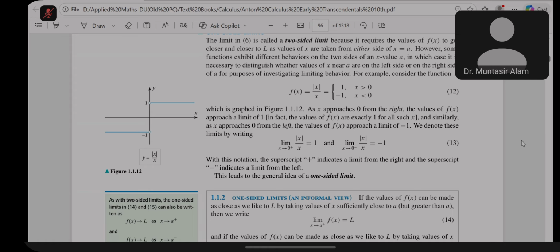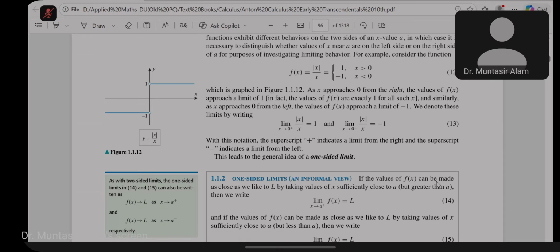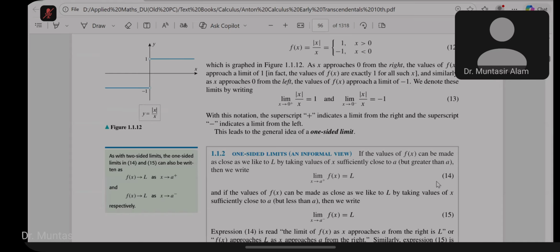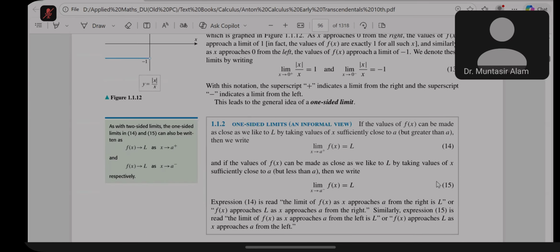If we observe that both the limiting values are the same, only then we say the limit does exist at that point. Otherwise, we can only say the limit exists from either end, not from both ends. Okay.